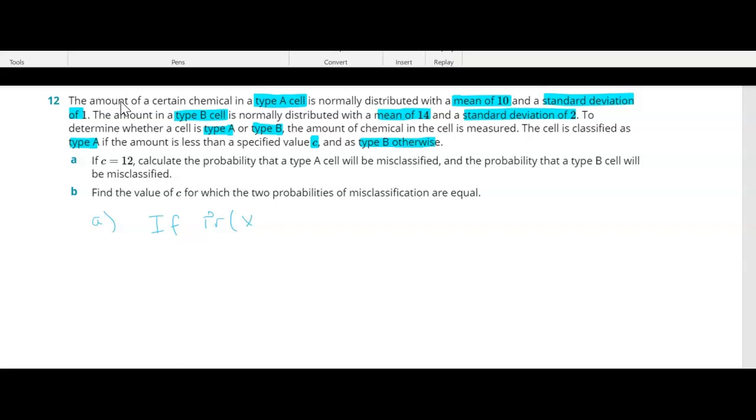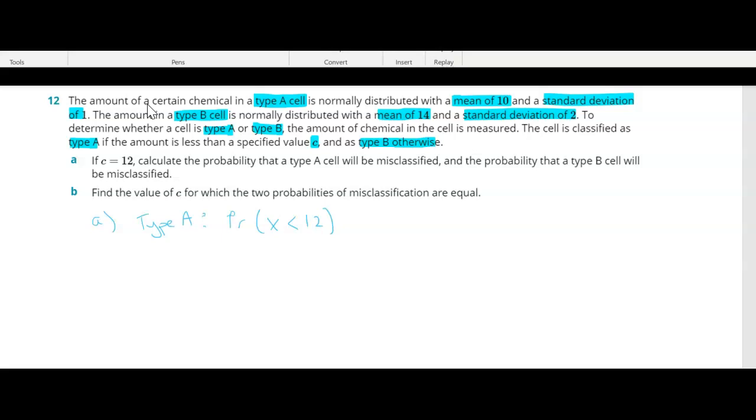Let me just pause. All right, start again. So type A, so the probability that X is less than 12, so less than C.